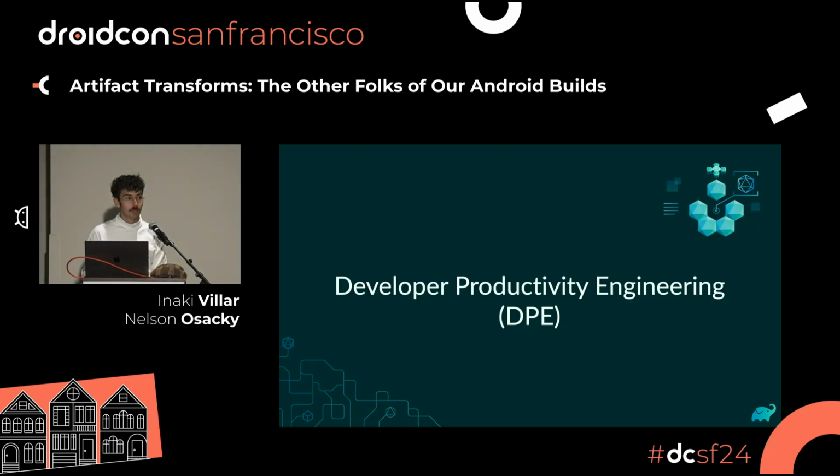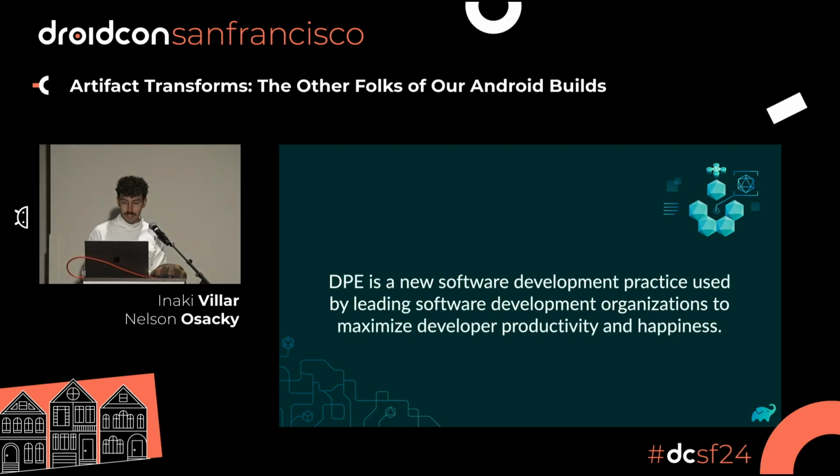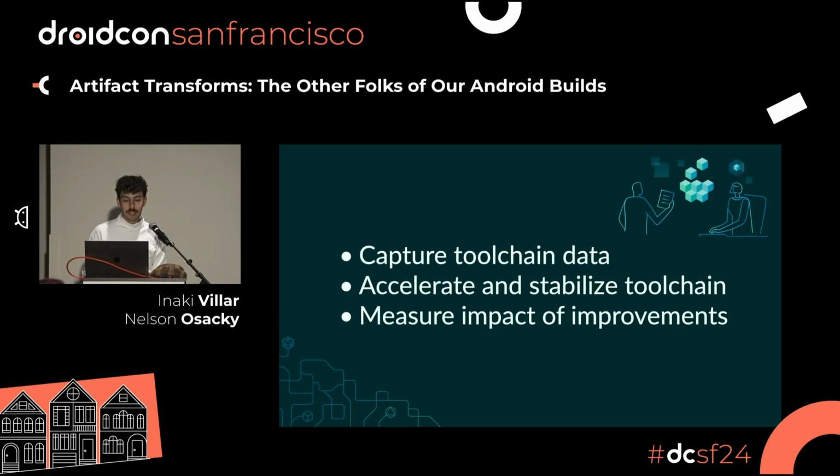So at Gradle, we're pioneering developer productivity engineering. It's a new software development practice used by leading software development organizations to maximize developer productivity and happiness. So that's what we're here to pitch. And it's all about capturing toolchain data, accelerating and stabilizing your builds, and also measuring the impact of improvements. So when you make improvements to builds, you can measure what you did.